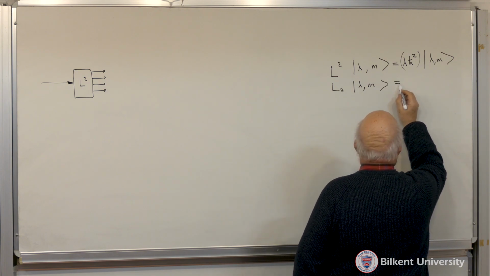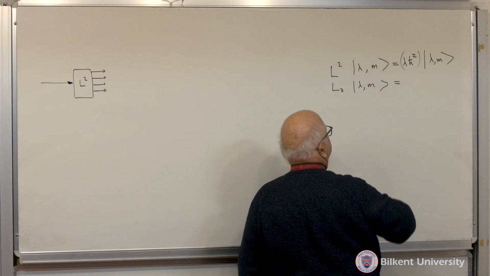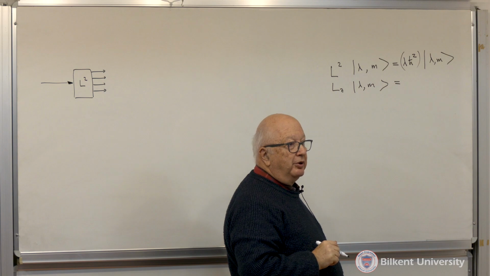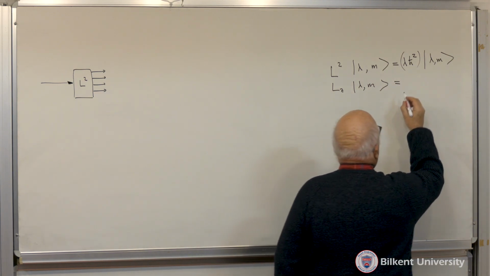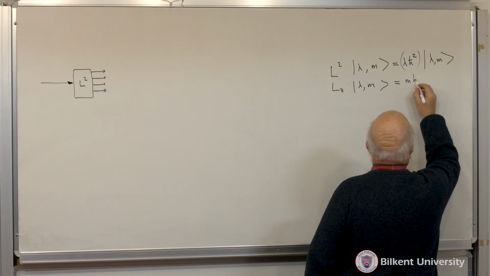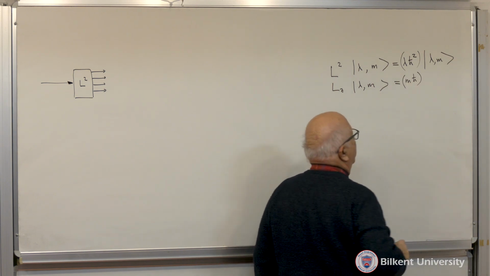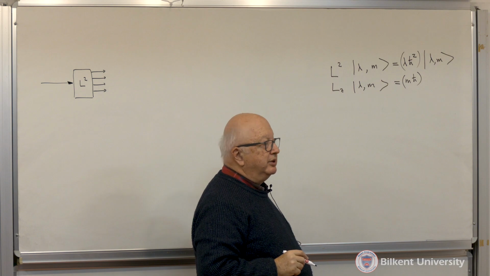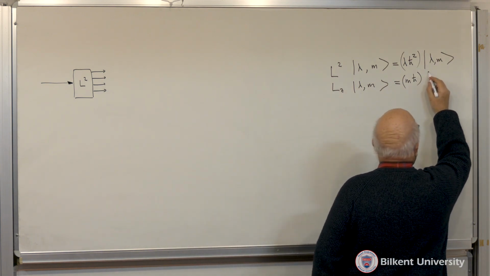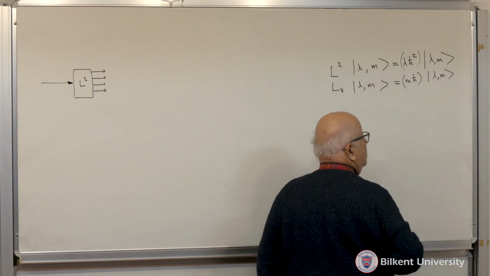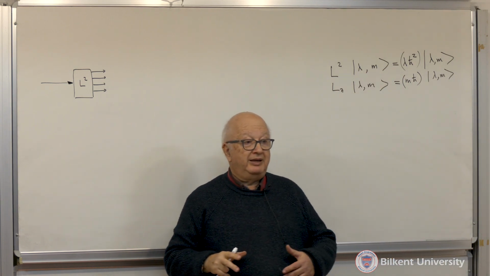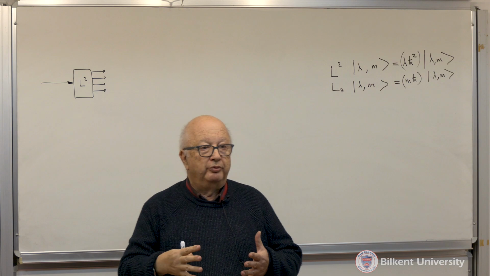And for the LZ, again, since this has units of angular momentum, the eigenvalue is going to have units of angular momentum. So I'm going to call it m h bar, so that m is again unitless. Okay, same eigenstate. Now, I can do that because I know that L squared and LZ commute.